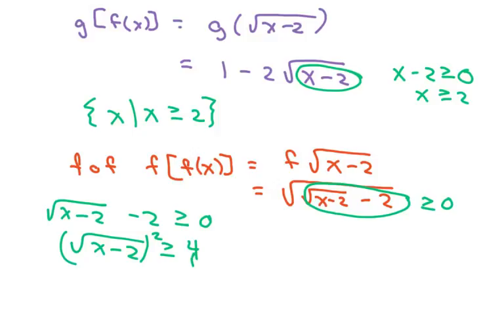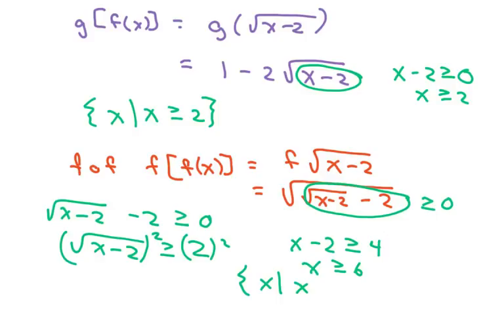So basically, when you add the 2, now this will be the 2. You square both sides, you get x minus 2 is greater than or equal to 4. So x is greater than or equal to 6. So your domain is all real numbers with the restriction that x has to be greater than or equal to 6.